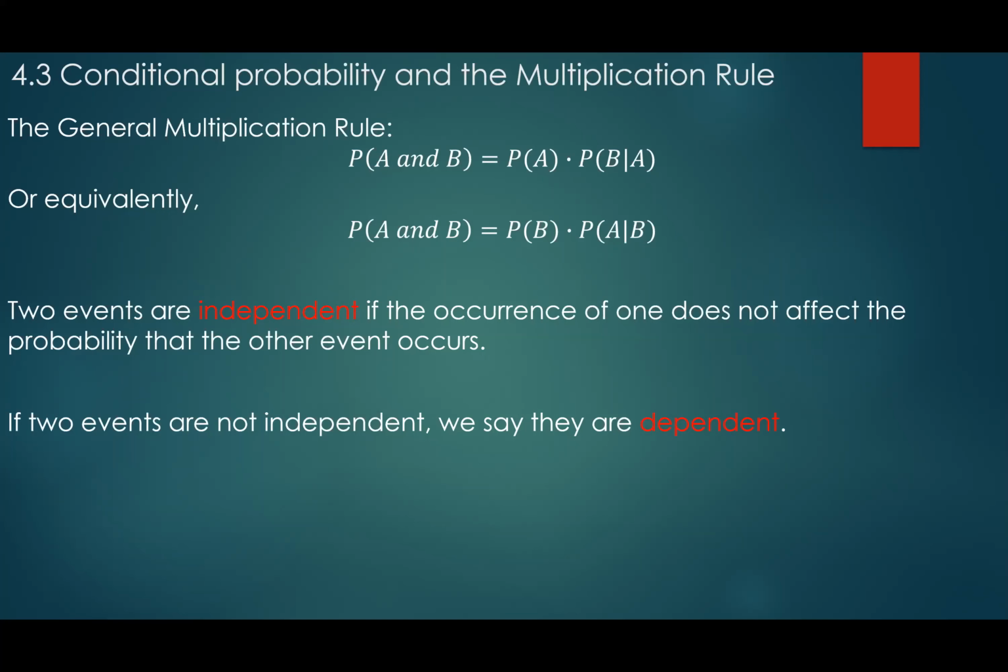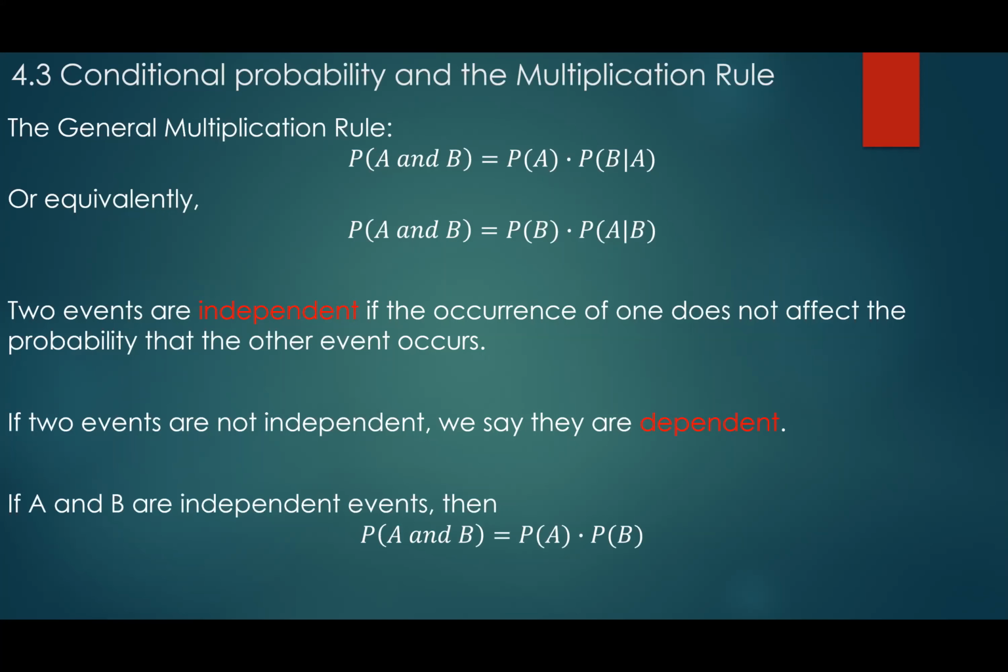Meaning, think about this. If I have a coin and I flip the coin 2 times, the first event is I flip the coin the first time, and the second event is I flip the coin the second time.